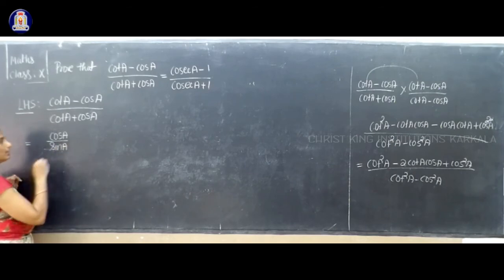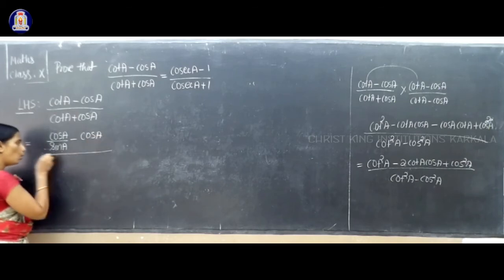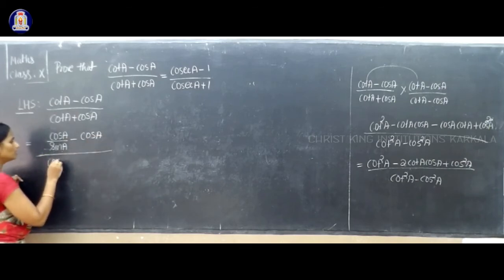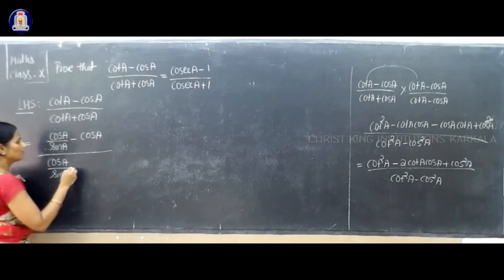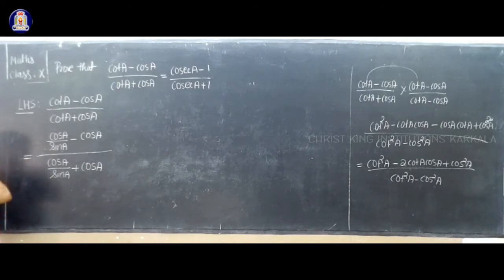So apply the formula. Cot A is cos A divided by sin A, so the numerator is cos A divided by sin A minus cos A, and the whole is divided by cos A divided by sin A plus cos A. So now next, how to simplify this?